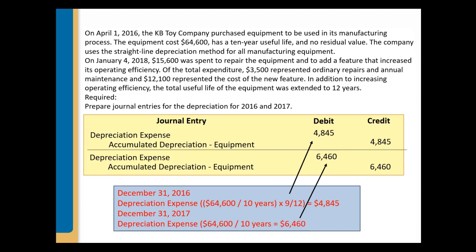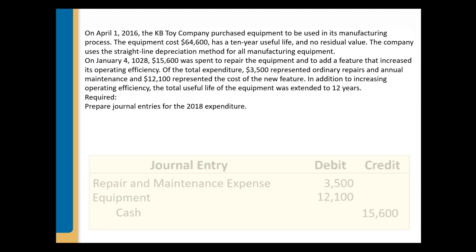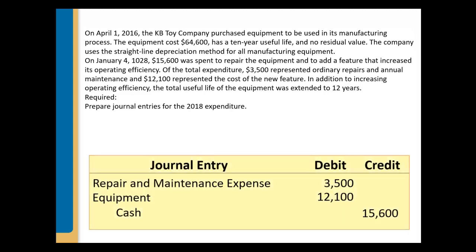Now in 2017, we would take the entire 12 months. So the $64,600 divided by 10 years would be a depreciation expense of $6,460 with the corresponding accumulated depreciation as the credit.